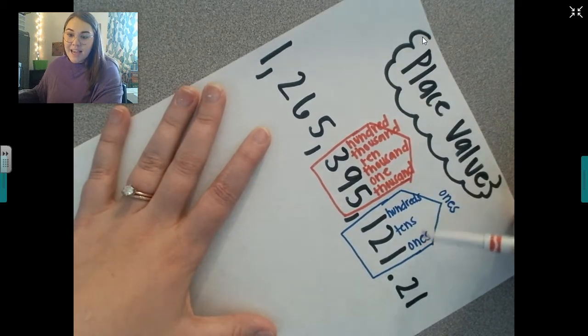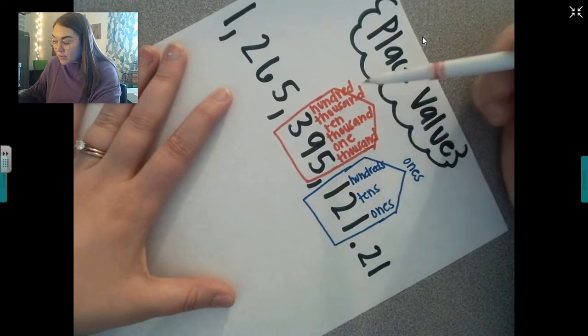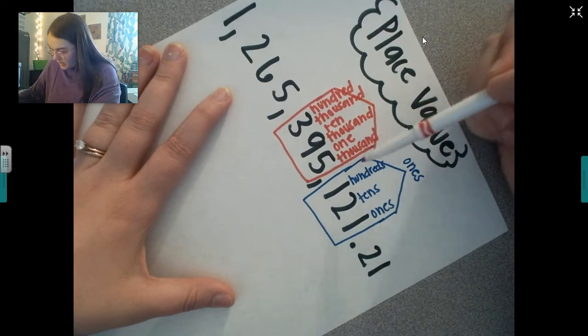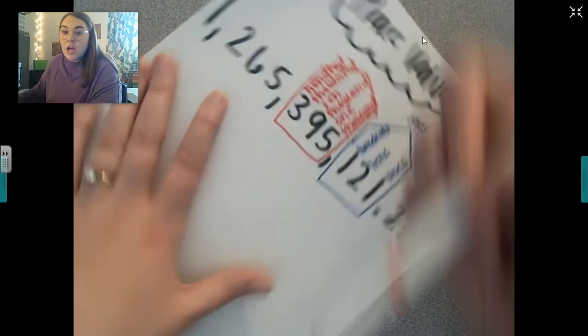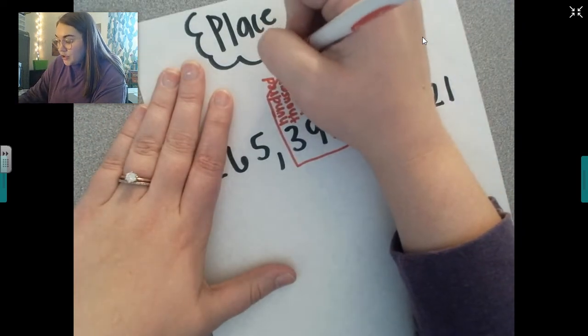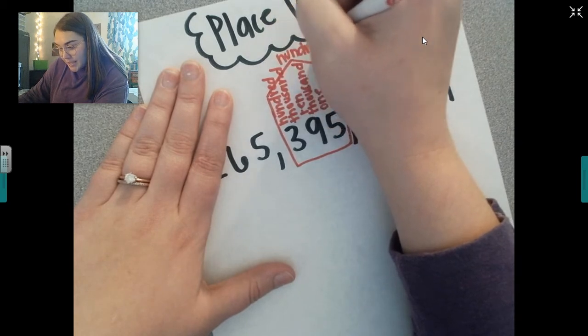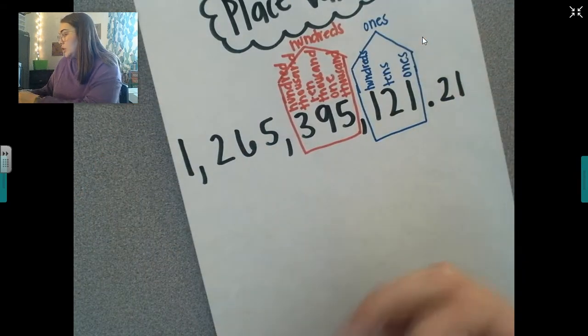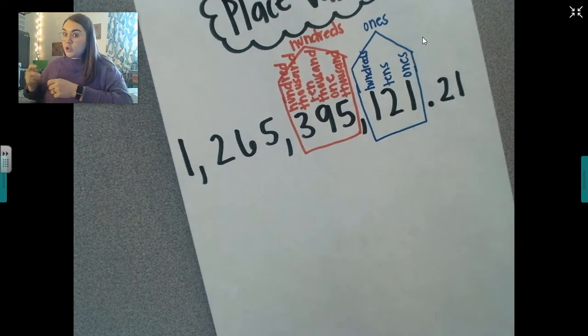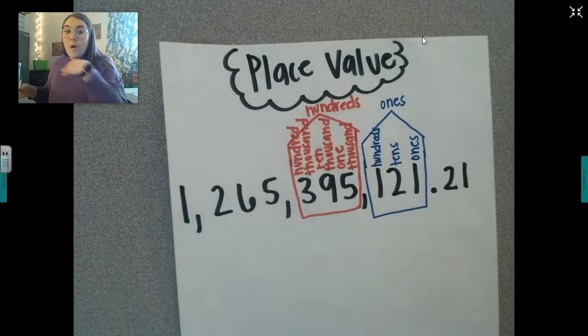Notice it's the same as this. We just add 1,000 on there. So ones, tens, hundreds, 1,000, 10,000, 100,000. This is our hundreds house or hundreds period. So next, you should be able to guess with this pattern what's next.